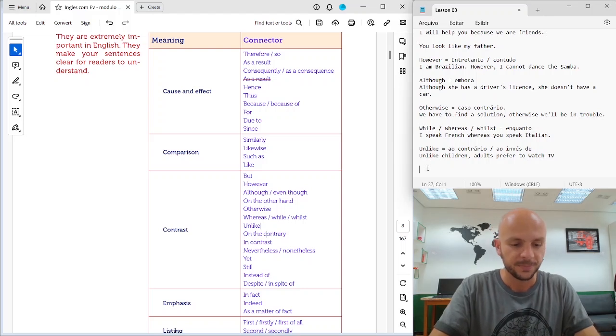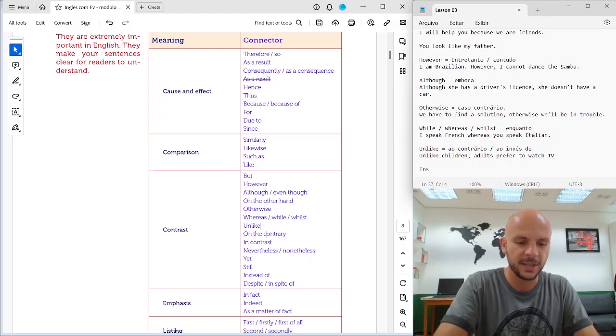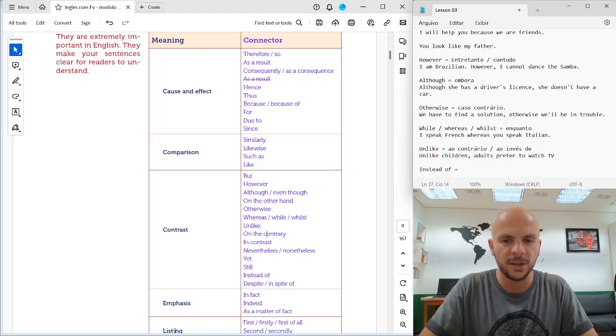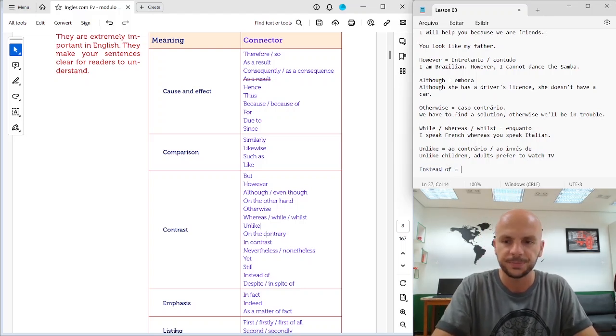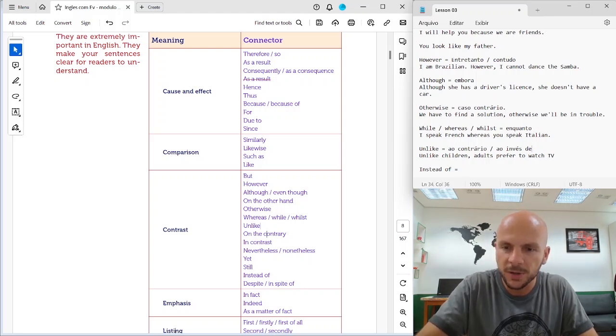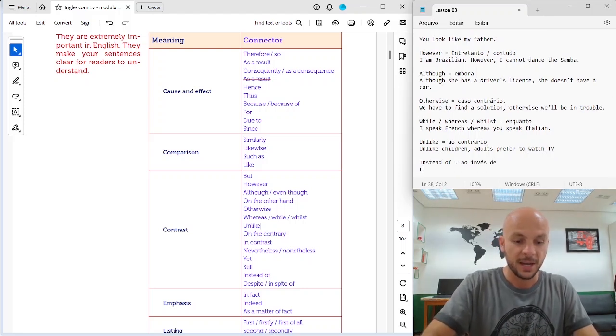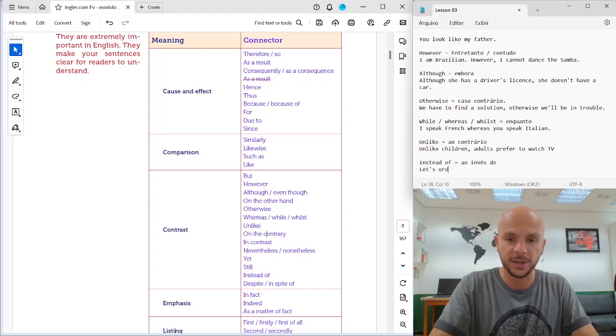For example, instead of means ao invés de. Let's order some pizza instead of cooking.